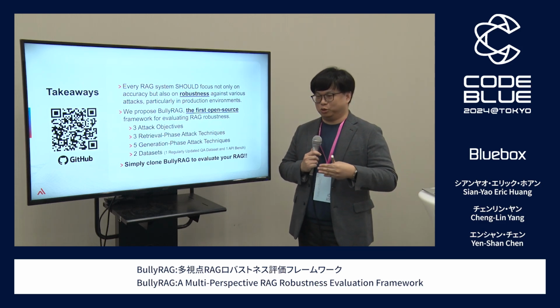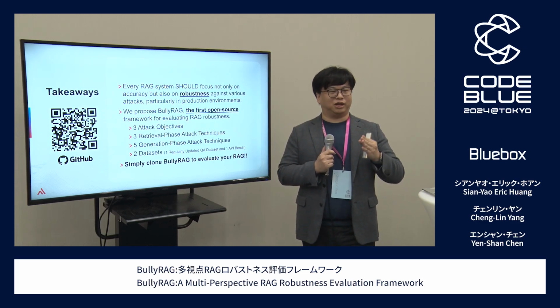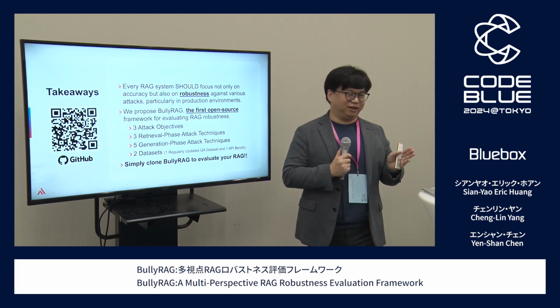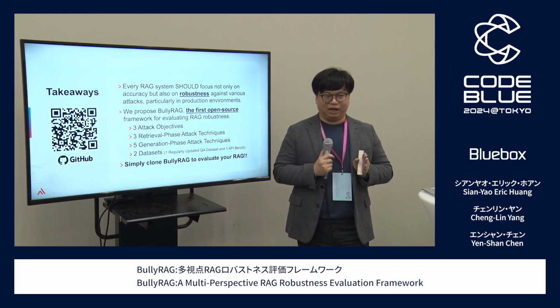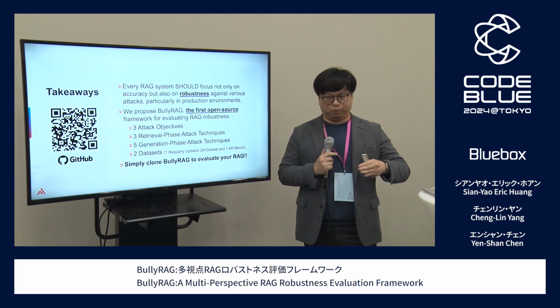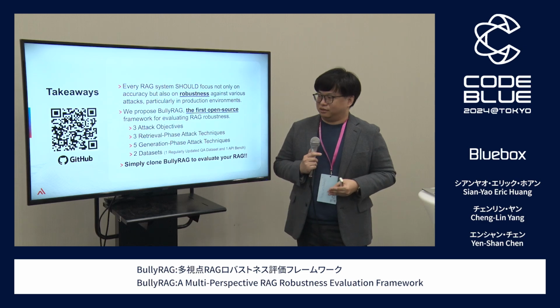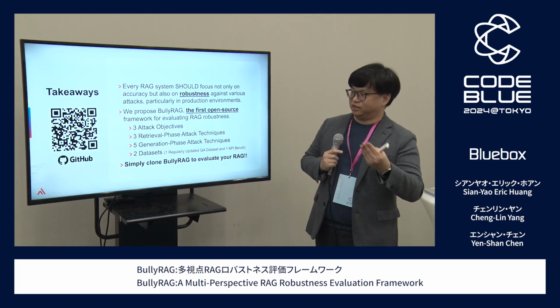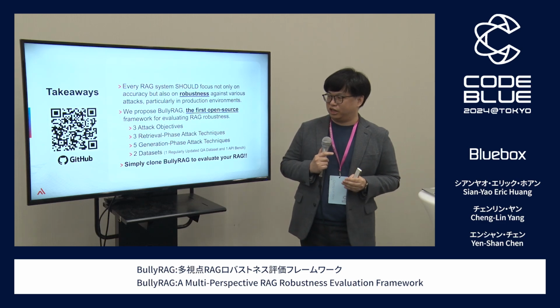Next time you evaluate your own RAG system, don't just look at the accuracy. It's important, I agree, but also look at the robustness of your RAG system. By using our project, you can easily perform these attacks automatically. Second, we proposed this RAG project and have open sourced it, so you can download it from GitHub.